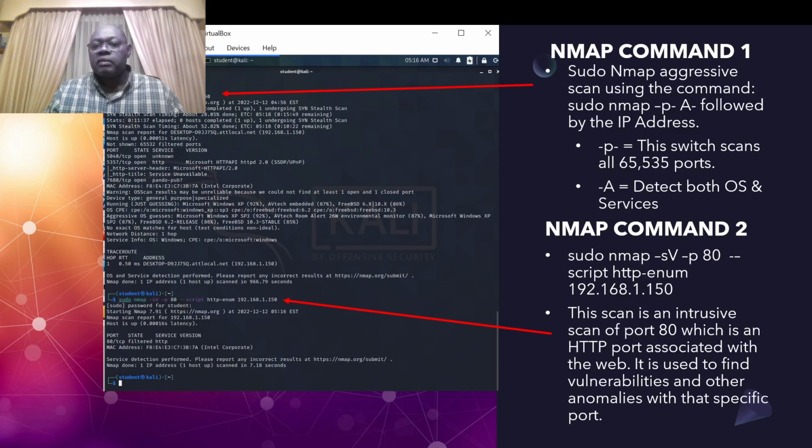Command number 2, I used the -sV command. This scan is an intrusive scan of port 80, which is an HTTP port associated with the web. It is used to find vulnerabilities and other anomalies with that specific port.